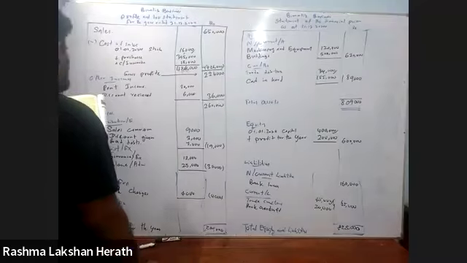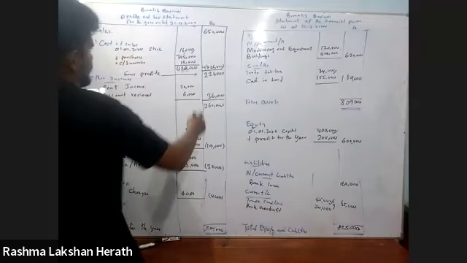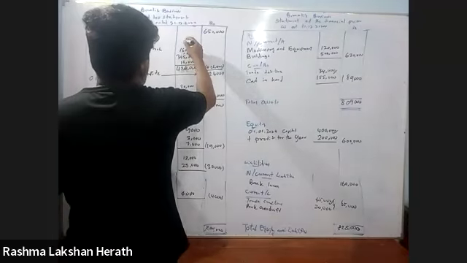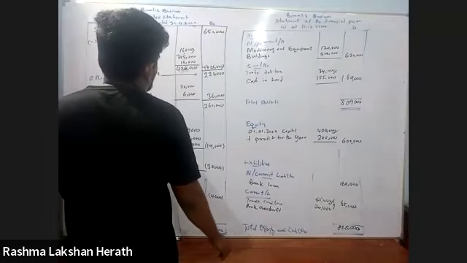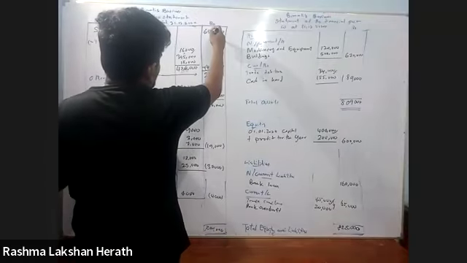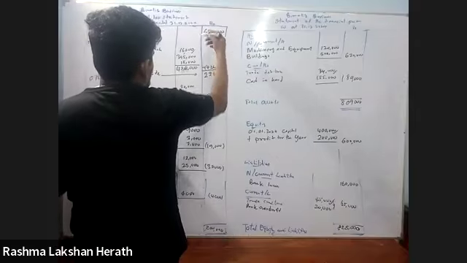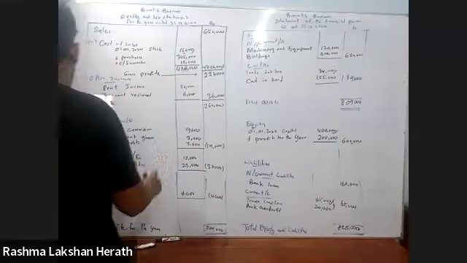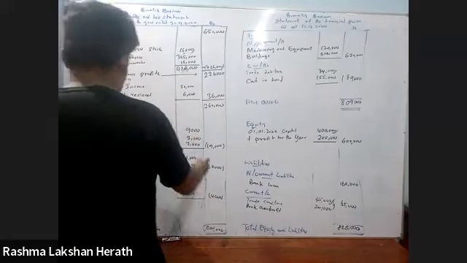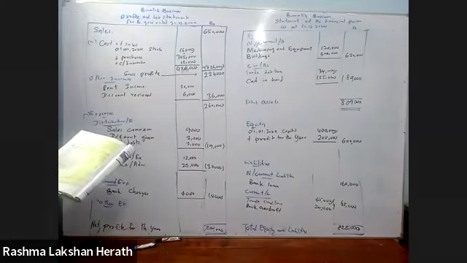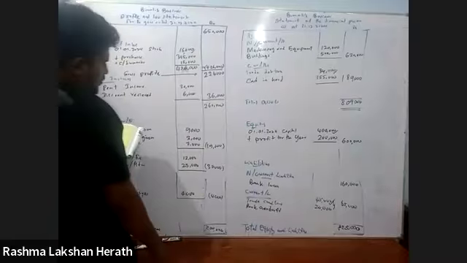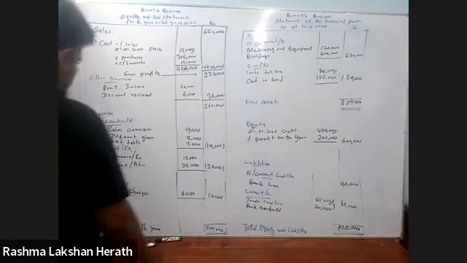And carriage inwards 15,000. And the sales commission 9,000, this expense. Okay.